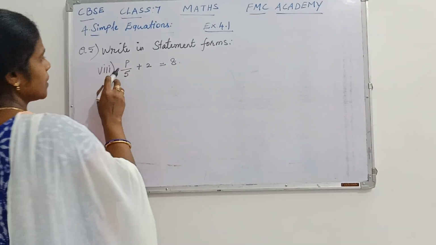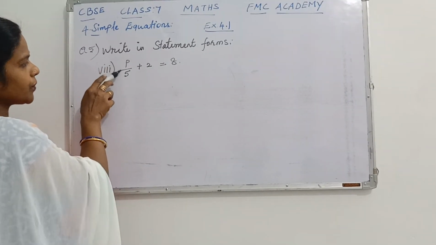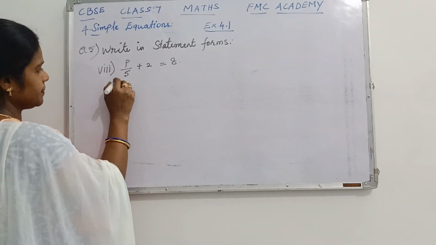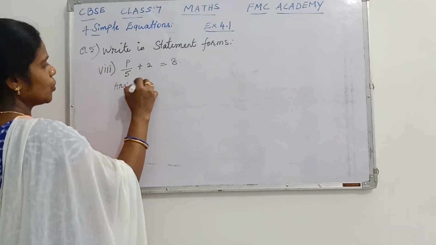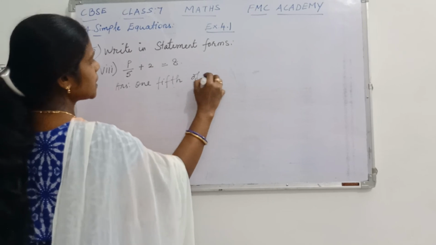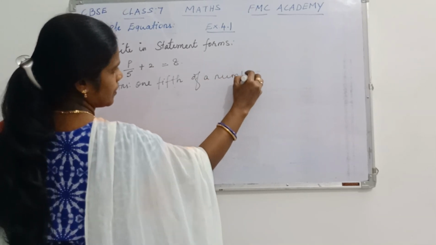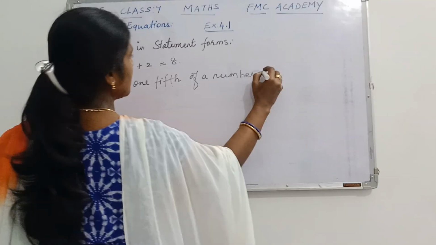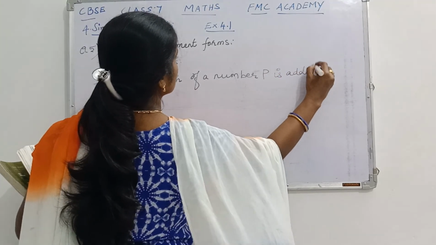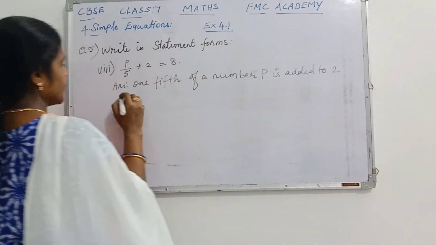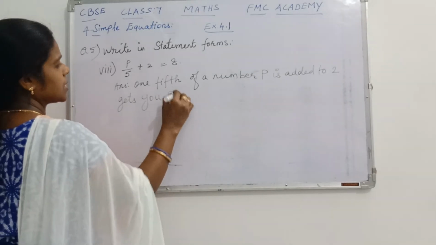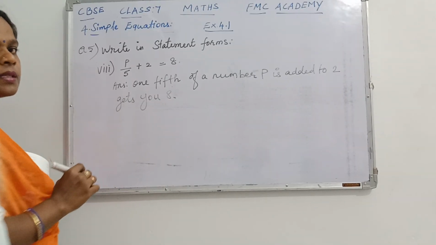Let's see here. How can you say it? 1/5 of a number p is added to 2 gives you 8. That's it. Very simple exercise.